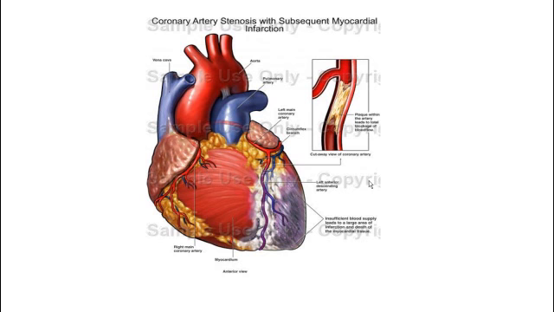Most often we are seeing a blockage, much as you're seeing in this inset diagram, where the blockage is quite extensive and has completely blocked the ability of blood to flow. In addition, we could see a partially blocked coronary artery that is not allowing enough oxygenated blood to go through.